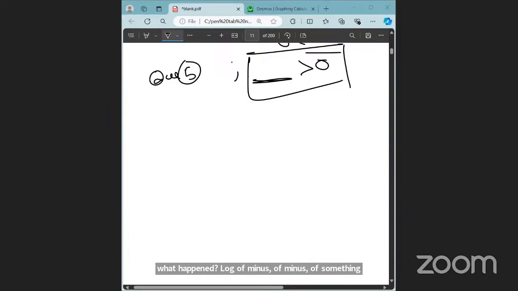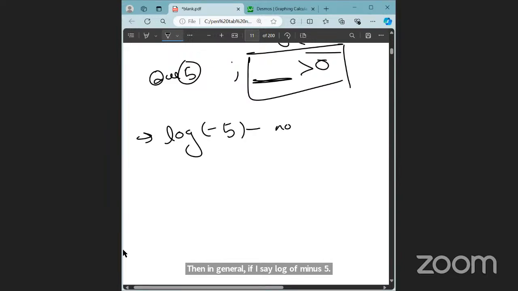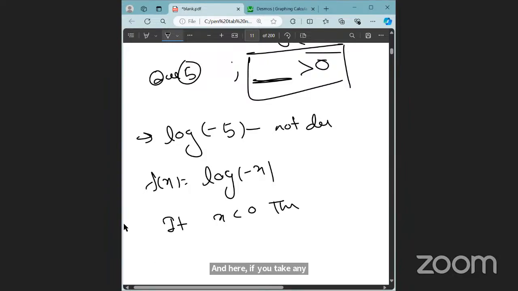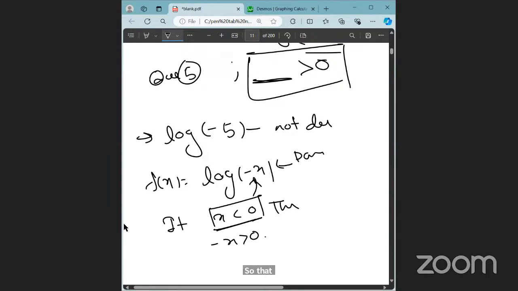What I want to say is that in general, if I say log of -5, then obviously it is not defined. But if the function says log of -x, and here you take any x strictly less than 0, then -x will be greater than 0. So for all x strictly less than 0, this function is defined. So if you consider the function f of x equals log of -x, then the domain will be minus infinity to 0, open.